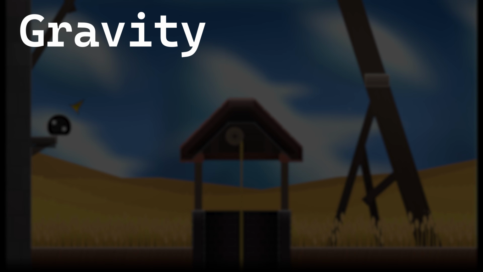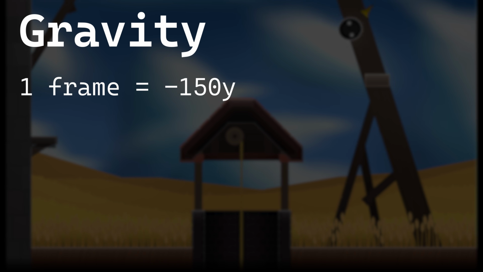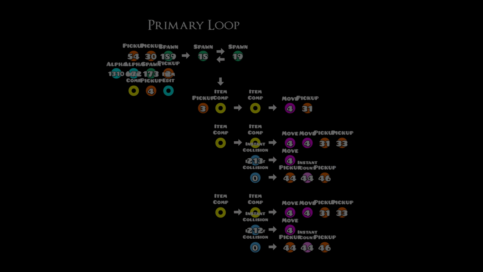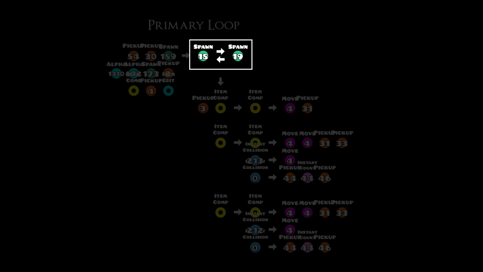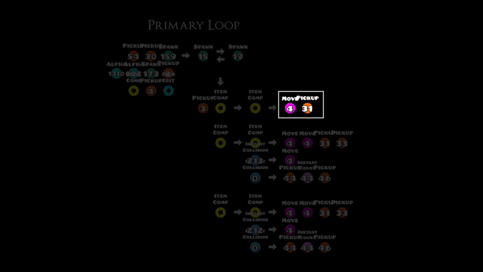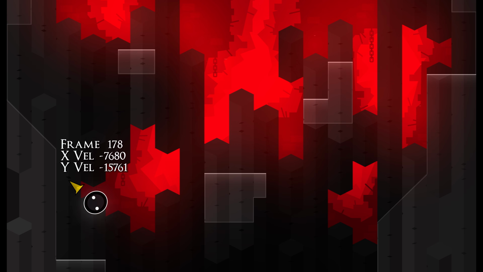In my engine, one frame of gravity is a force of negative 150 y units applied to the player continually until a velocity of negative 22,500 is reached. The code for it couldn't be any more simple. Every frame, if terminal velocity hasn't been exceeded yet, stack another gravity move instance and subtract the total velocity variable by that much. The end result is a satisfying arc motion on every jump.